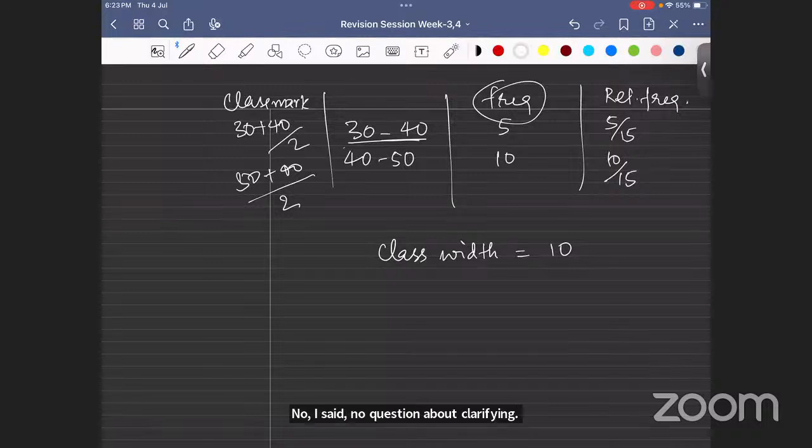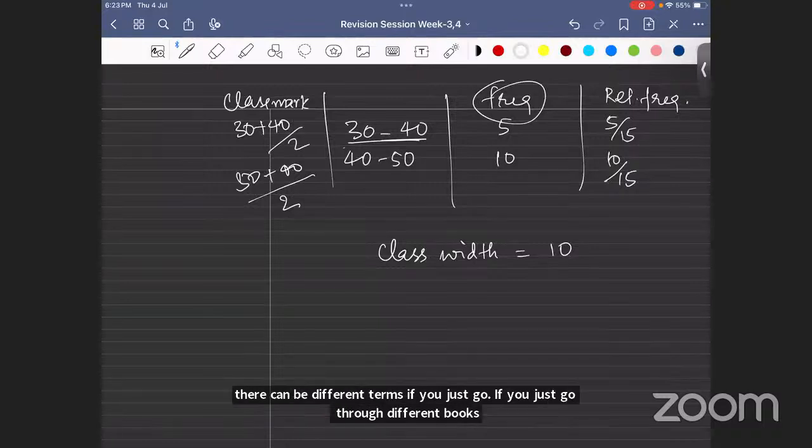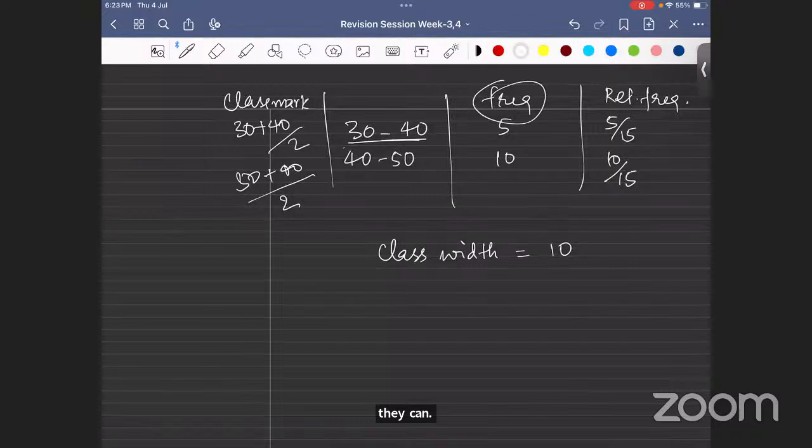Yeah, so there can be different terms if you go through different books. I did not mean that it is in some question. I was just saying it was a common synonym for class width and class height. Many people use both of them together. So in the exam, whatever term has been defined here will be asked about those things only.